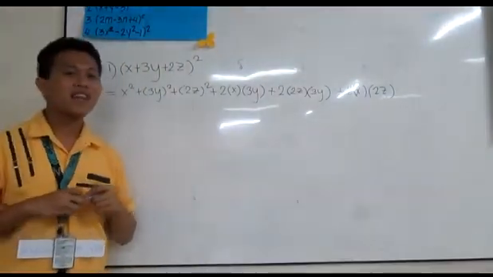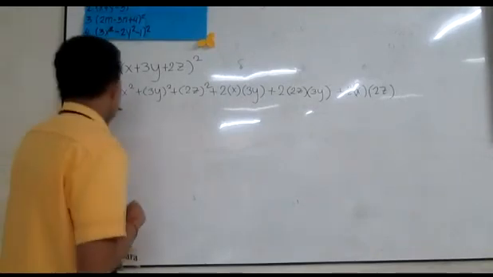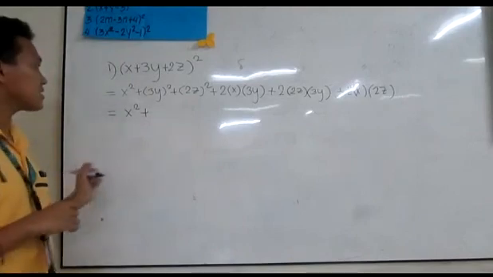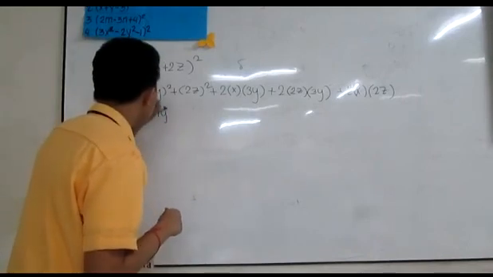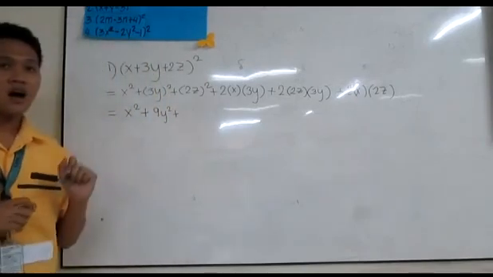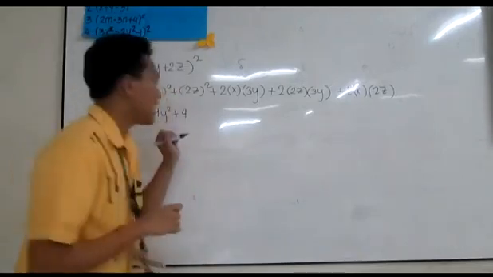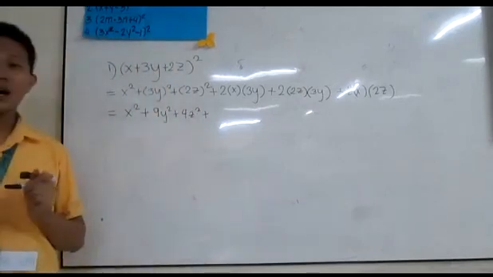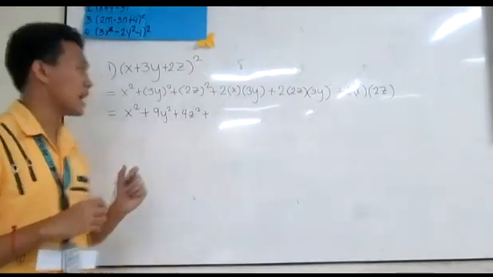Now we have the expression. So let's try to simplify this expression. Copy the first term, x squared, plus square of 3y, or 3y quantity squared, we have 9y squared, plus quantity 2z squared is 4z squared, plus 2 times x, 2x times 3y, 6xy.